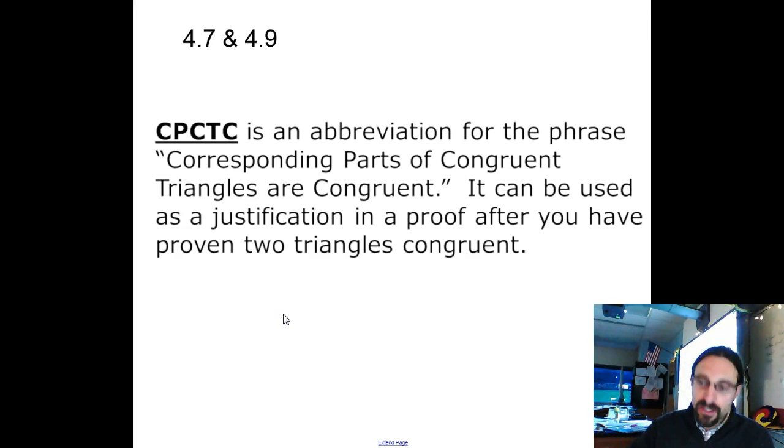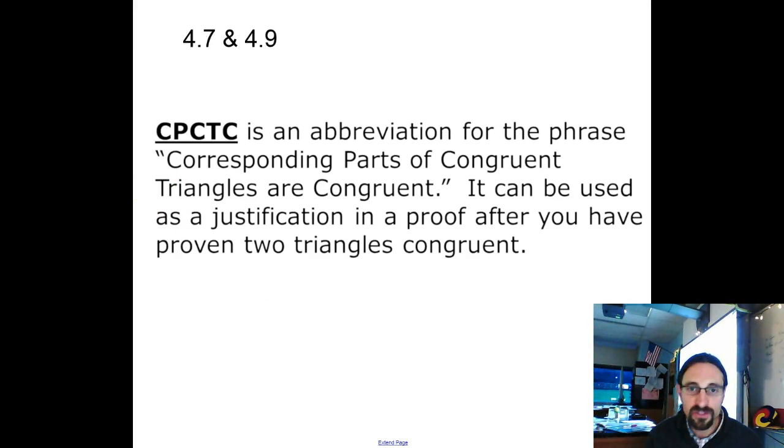Hey, so the next part of this lecture is section 4.7 and 4.9 in your notes. And 4.7 has everything to do with corresponding parts of congruent triangles being congruent, which means if you have two triangles that are congruent, then you can establish that any corresponding part of one triangle is the same in the other.